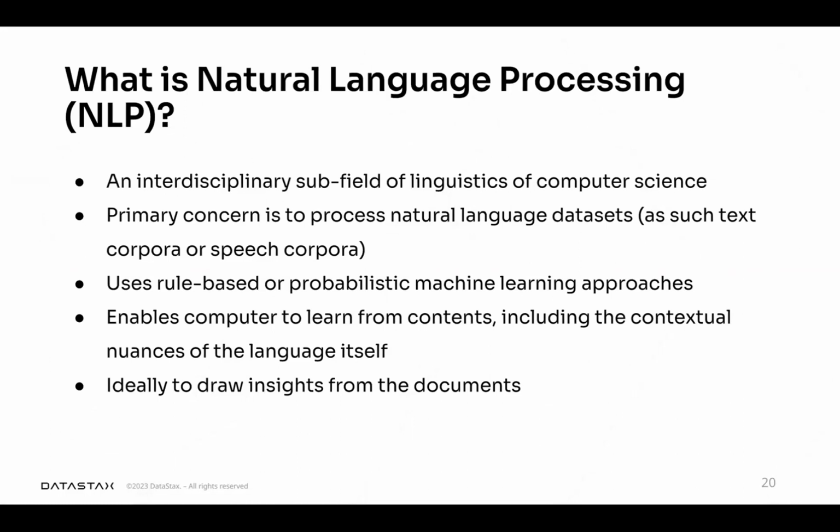And the goal is to enable the computer to analyze and learn from the content, including the contextual differences and the nuances of the language itself. It goes beyond just the mechanical part of analyzing. You want to draw insights that are beyond just the obvious.